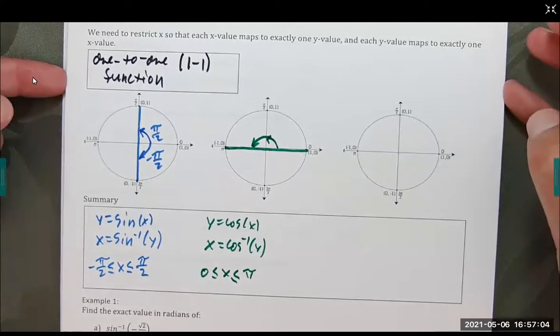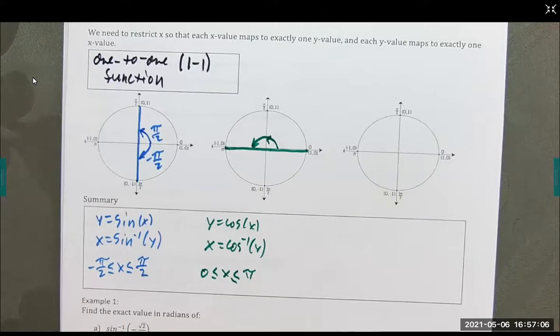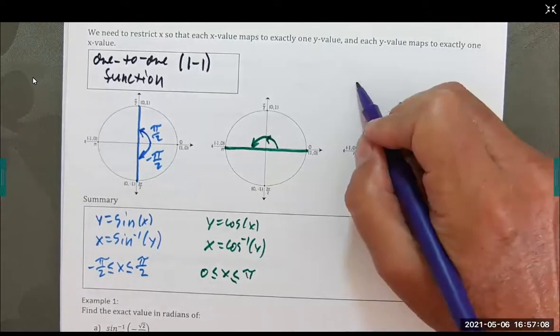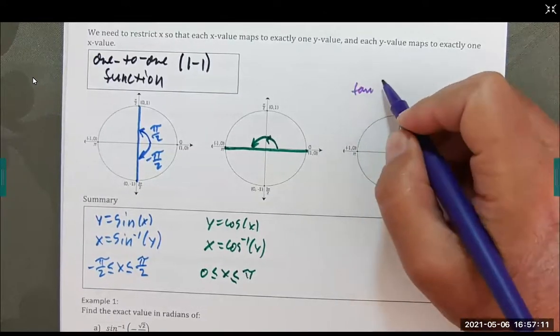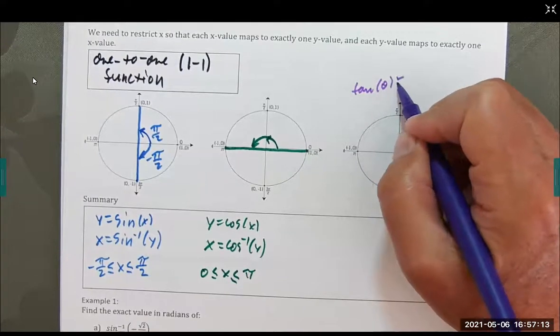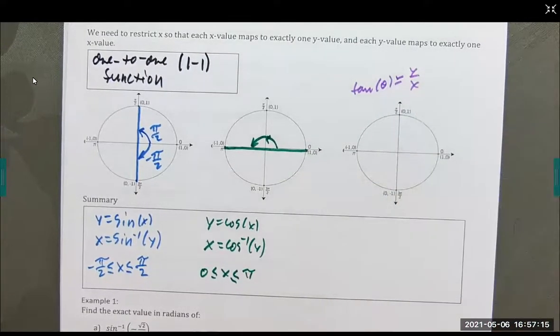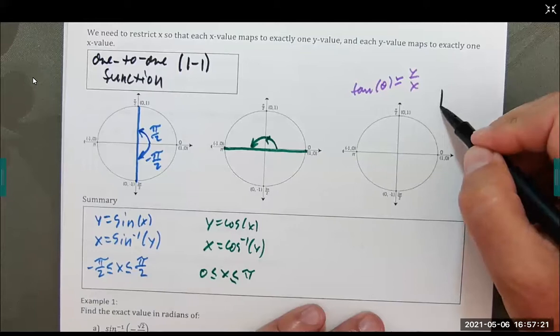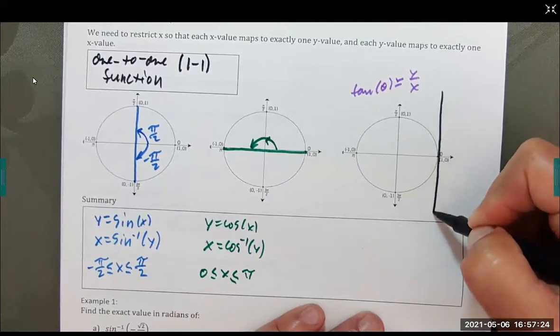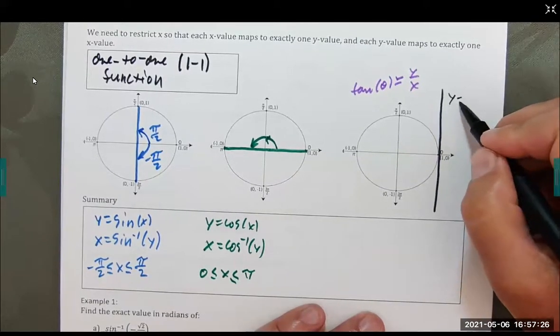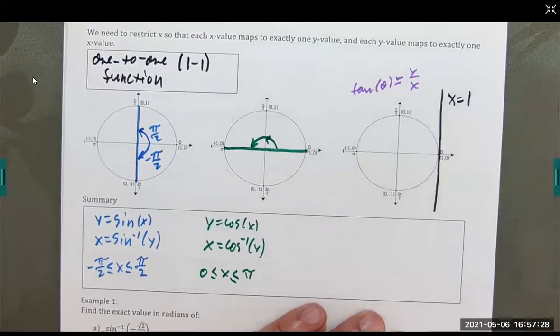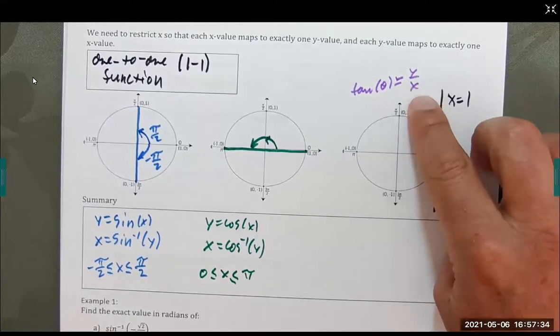Tangent, if you recall, tangent of theta is y over x. So what I'm going to do is I'm going to lock x at 1. Here's x equals 1. This is the line x equals 1. It's a vertical line, right? Which means the y value is the tangent because now y is tangent because I've locked x at 1.